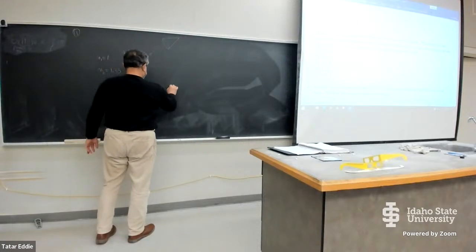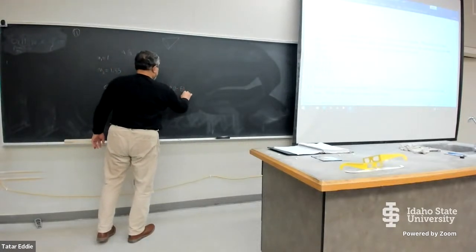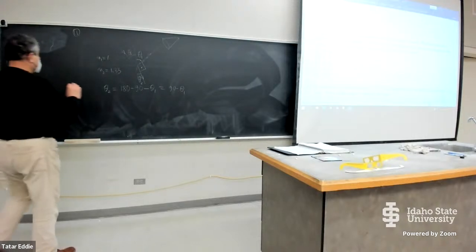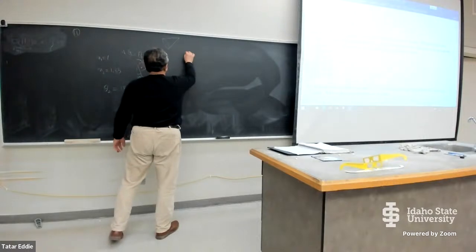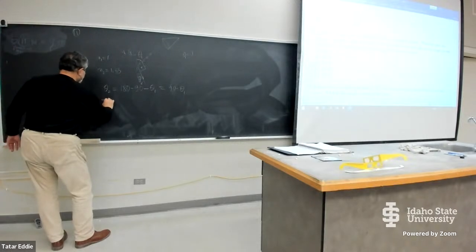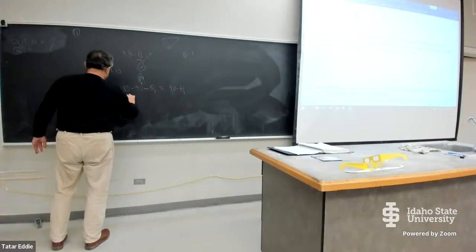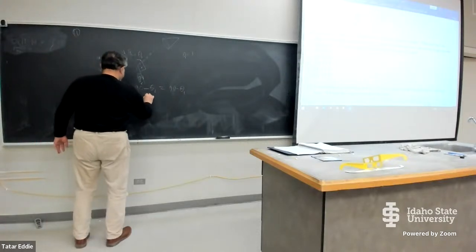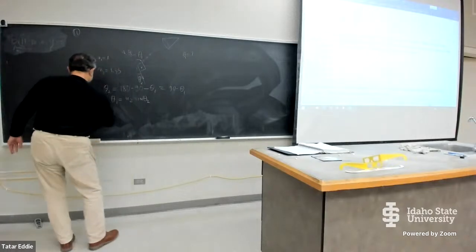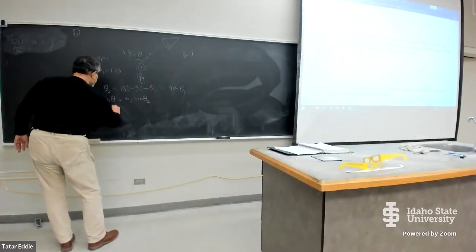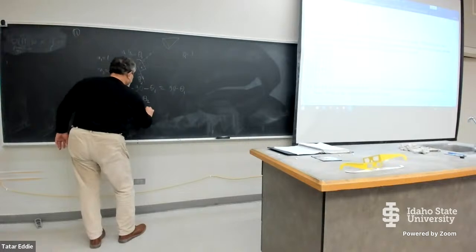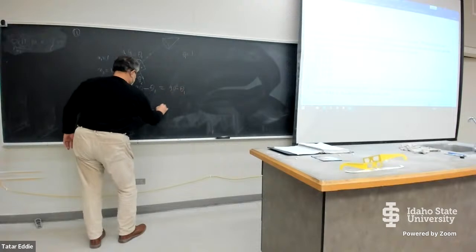In other words, it is 90 minus theta 1. And Snell's law says, since you're looking for the angle theta 1, that n1 sine of theta 1 should be equal to n2 sine of theta 2, so n1 times sine of theta 1 has to be equal to n2 times sine of (90 minus theta 1).